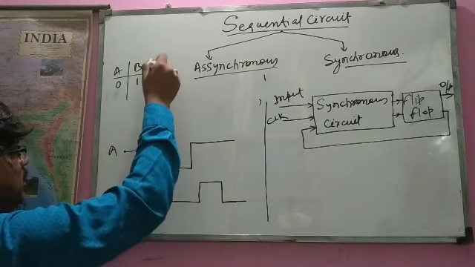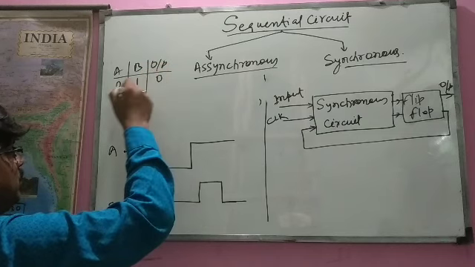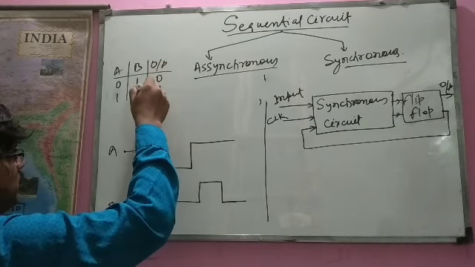If A and B are 1 0, the output is, let us suppose, 1.